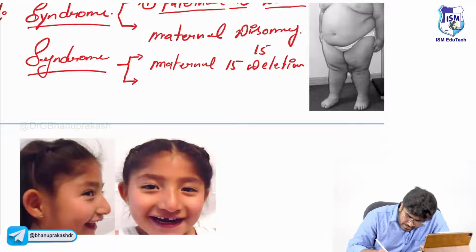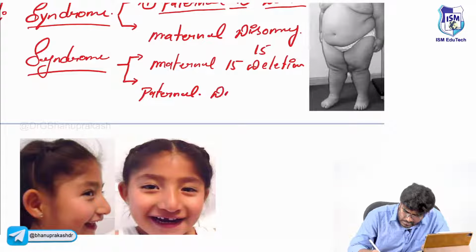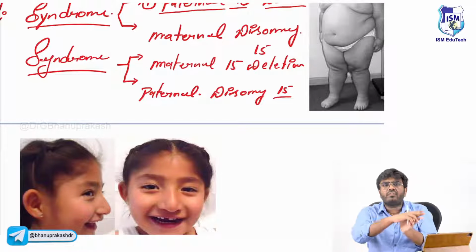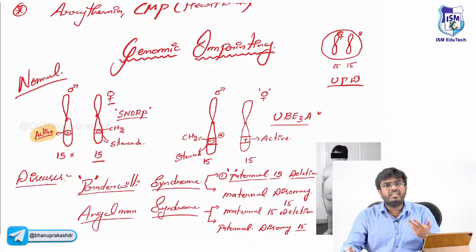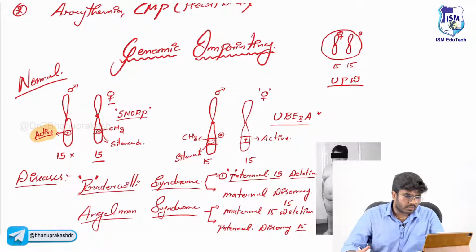So that is paternal disomy 15. If you get both the 15 number chromosomes from the father, then you do not have functional UBE3A genes. They are not there in your body. So then you are going to get the Angelman syndrome.